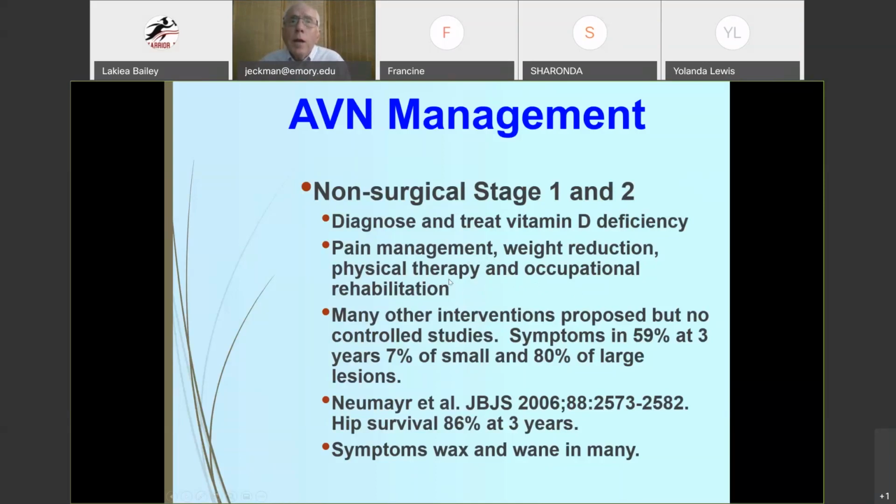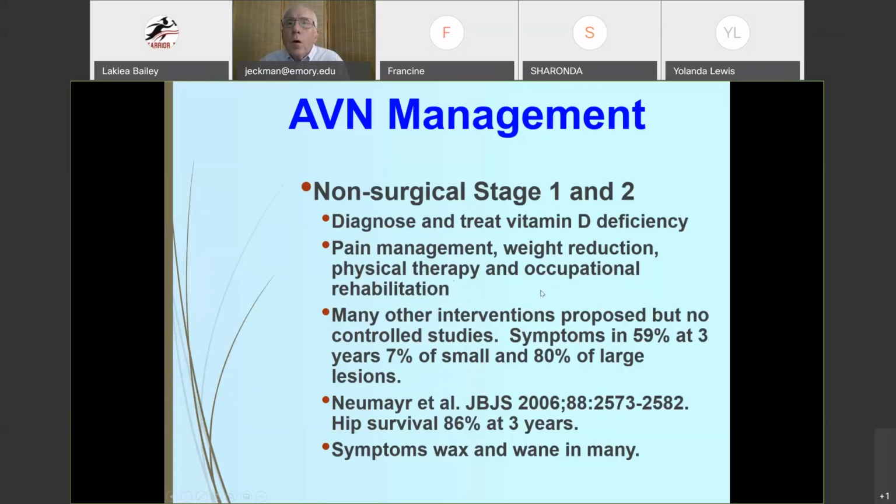Physical therapy can keep your muscles strong, which will help protect the joint. They'll keep the joints flexible, which will also help protect the joint and the bone from damage, and that will reduce and minimize the pain. Very often when people develop AVN, they have occupations that really do aggravate this.